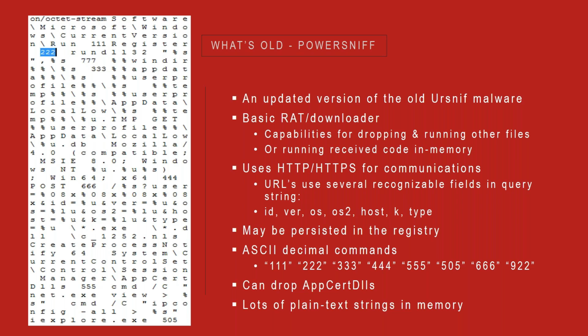We won't go into the details of what every single one of these URL parameters are, but basically they'll all have system information about what operating system you're running on. There will be a hash, basically, to uniquely identify this particular system and what type of system it is. And then that will all go back to their command and control node.